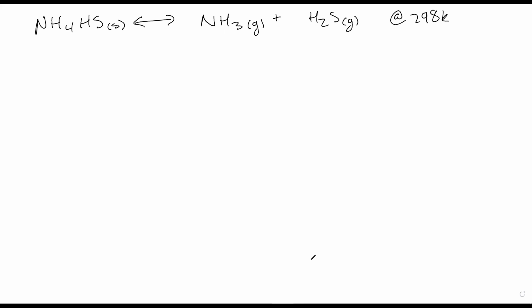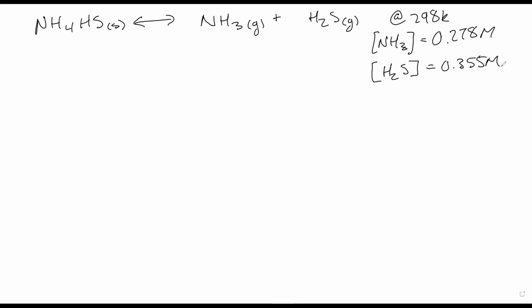So for this one, what we need is our other concentrations. So the concentration of NH3, which is 0.278 molar. The concentration of H2S, which is 0.355 molar. Next, as you always know, if we have stuff like this, let's make an ICE table. And this is a solid, which means we could ignore it.